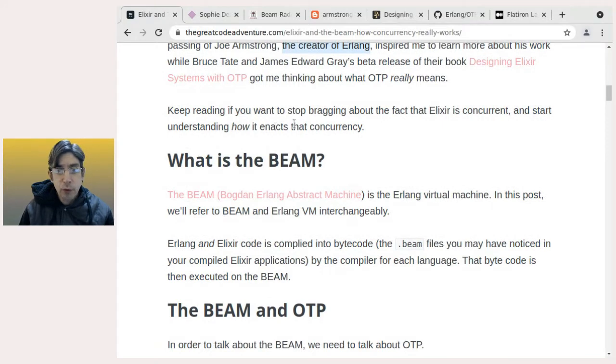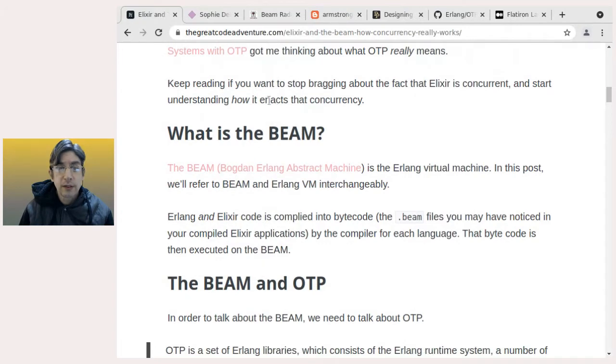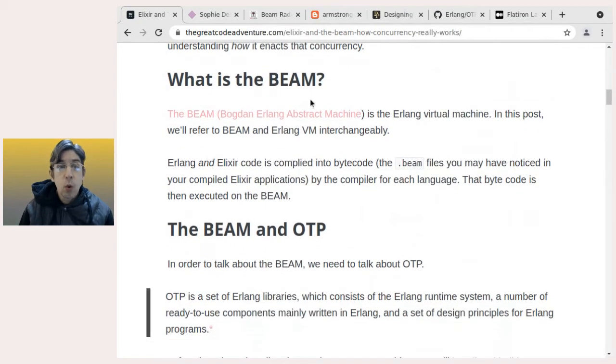Keep reading if you want to stop bragging about the fact that Elixir is concurrent and start understanding how it enacts that concurrency. So, what's the BEAM?